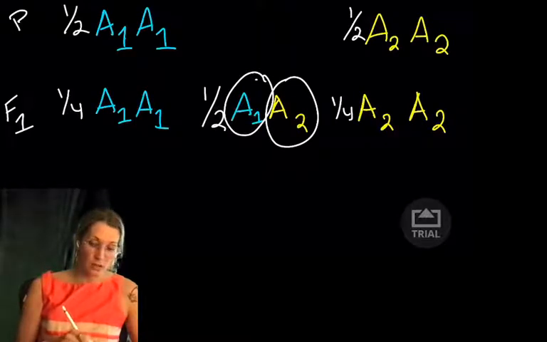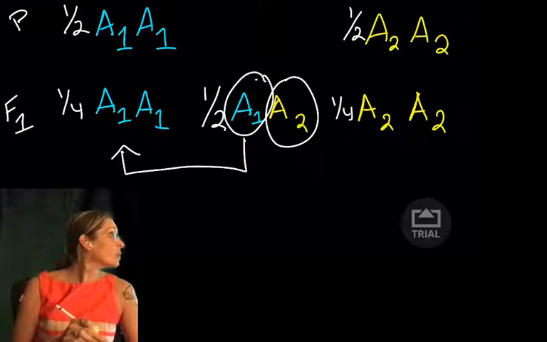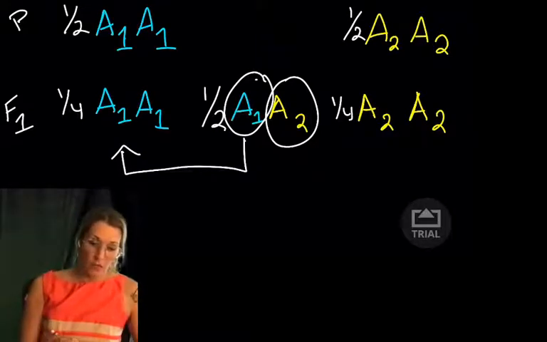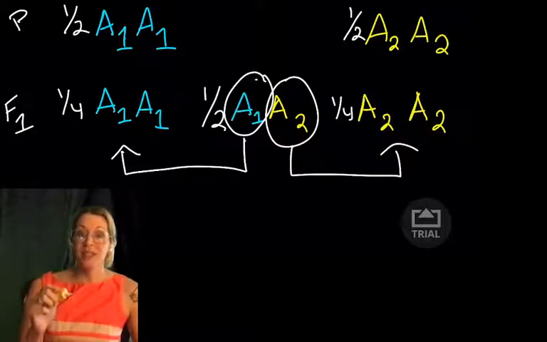So in my earlier example, from the P1 to the F1 generation, we saw a change in the genotypic frequency, but we did not see a change in the allelic frequency. That stayed the same.